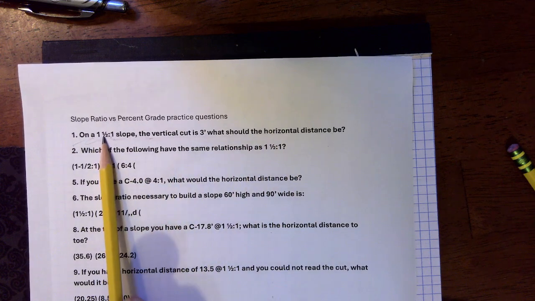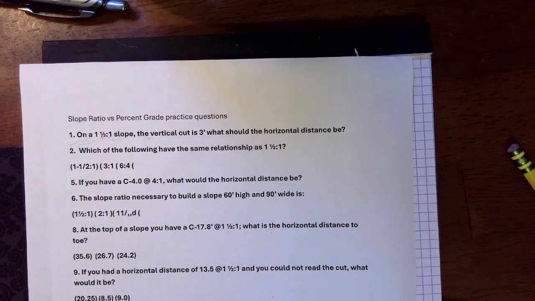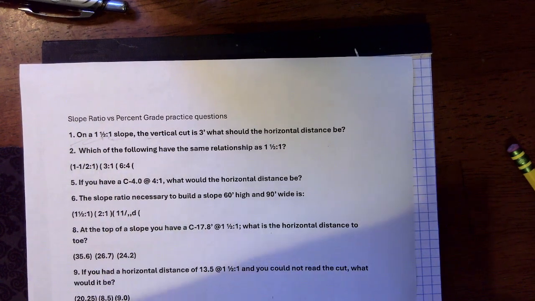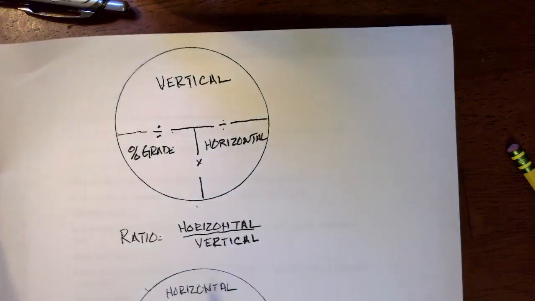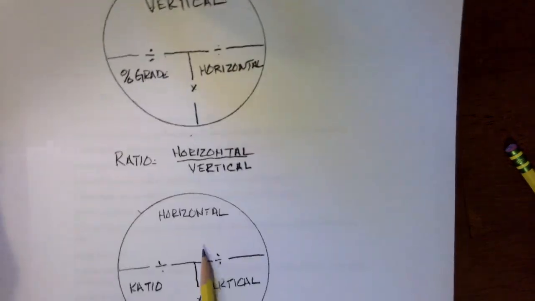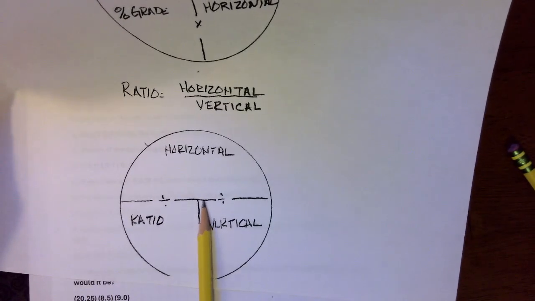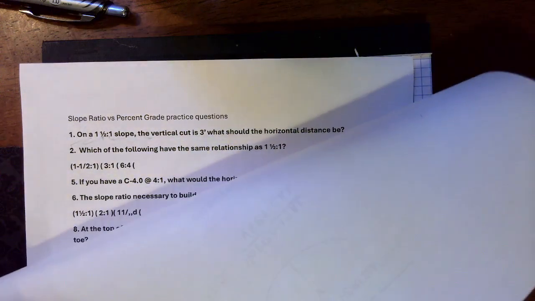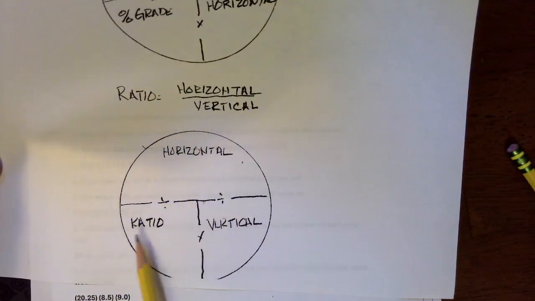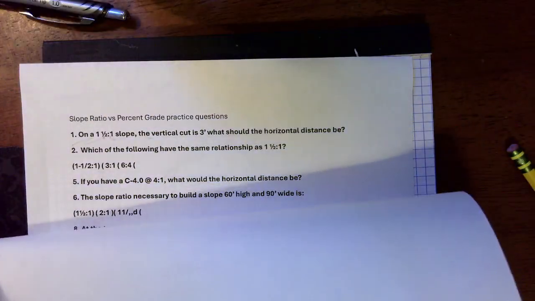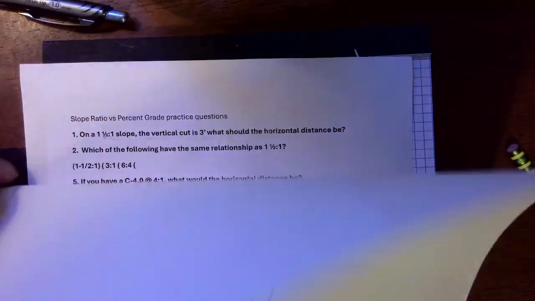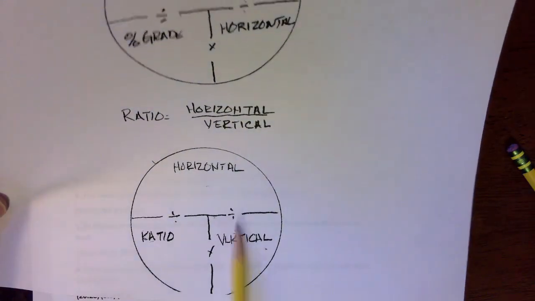Well, it gives us the slope ratio right here. So let's go down to the slope circle. Let's call it that. Now, it said we had a 1.5 to 1 slope, so that would go there. And the vertical is 3 feet, so that would go there.